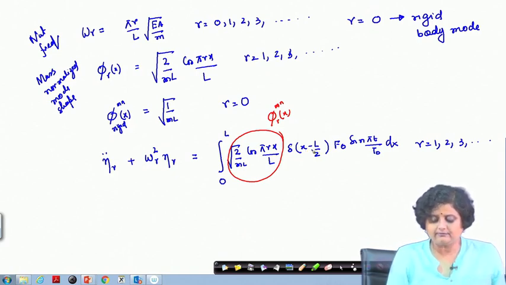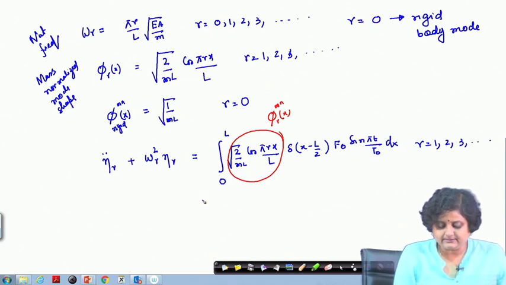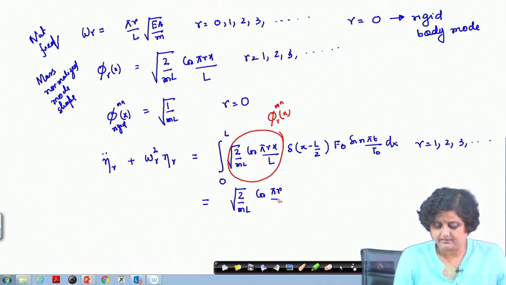Many of you might know that this integral is nothing but root over 2 by m L cos pi r by 2 into f 0.